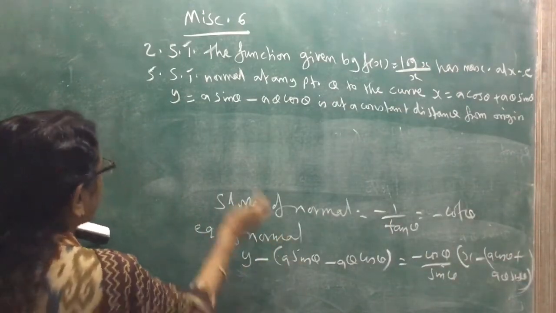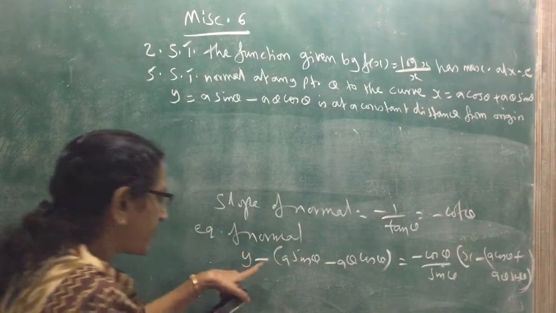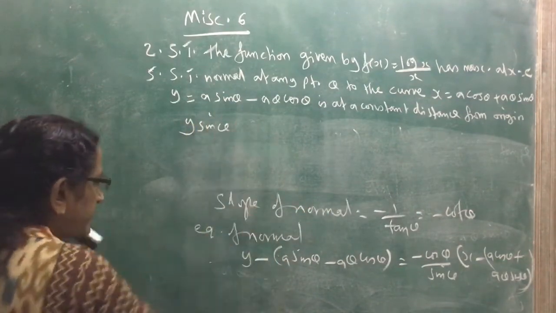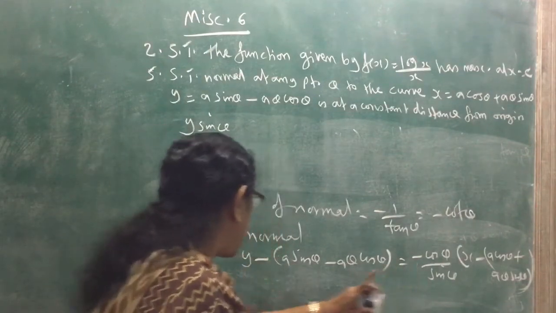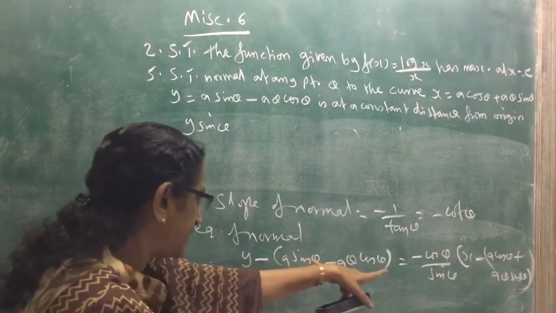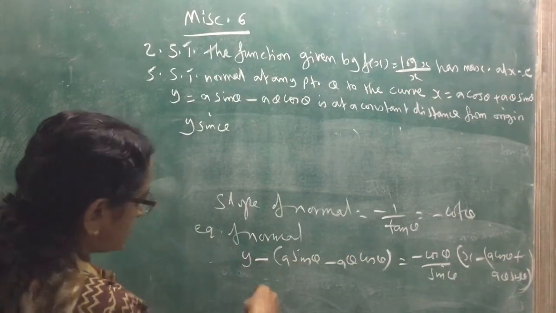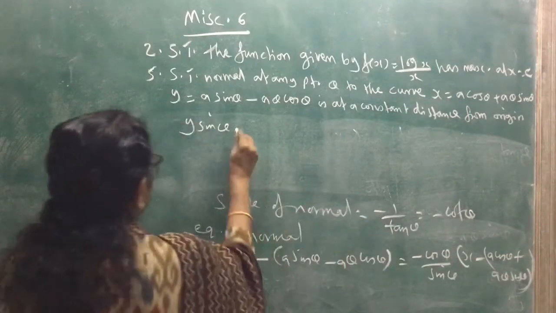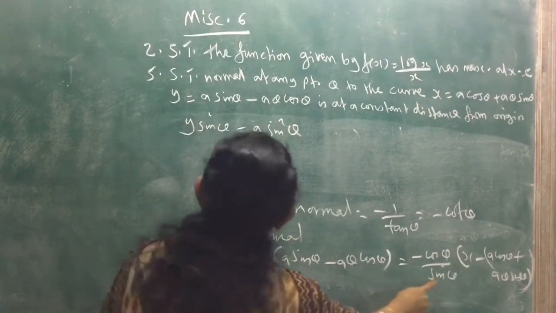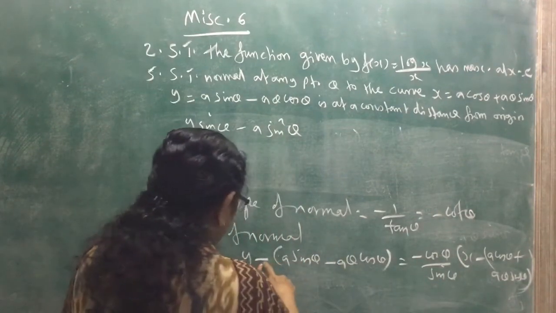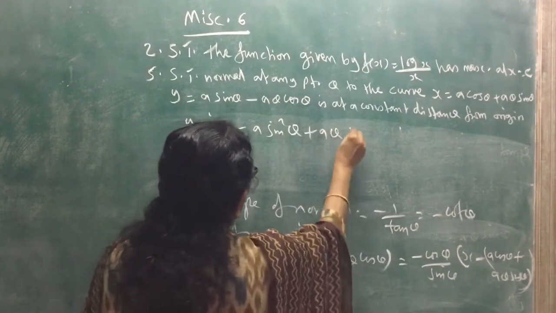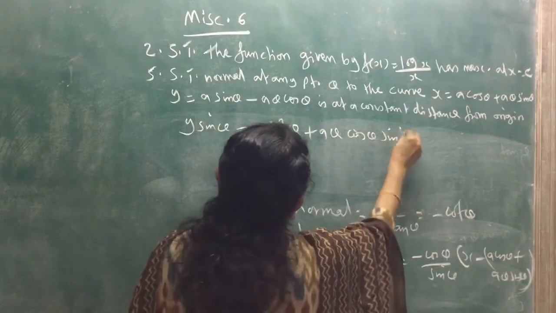So, opening the bracket, we cross multiply by sin theta on this side. So y sin theta, then sin theta into a sin theta, so we write minus a sin square theta, and minus into minus gives plus a theta cos theta into sin theta.